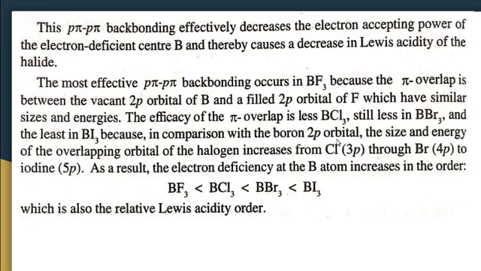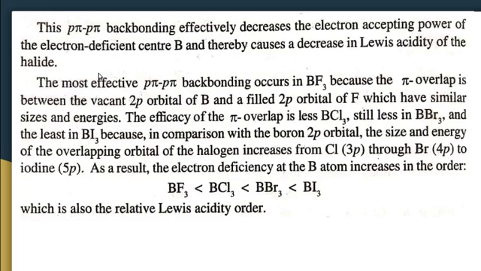Usually we expect that because of the presence of the highly electronegative fluorine atom, boron in boron trifluoride is highly electron deficient. But because of the p pi back bonding, that effectively decreases the electron accepting power of the electron deficient center boron and thereby causes a decrease in Lewis acidity of the halide.